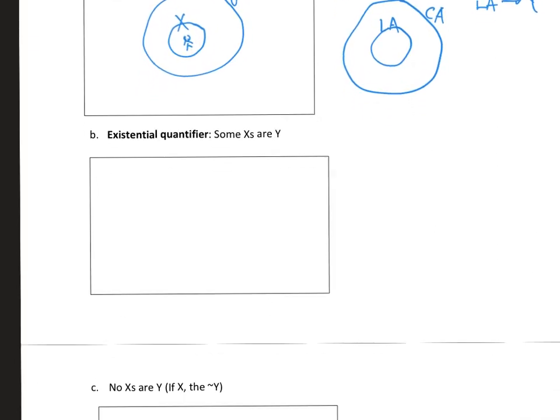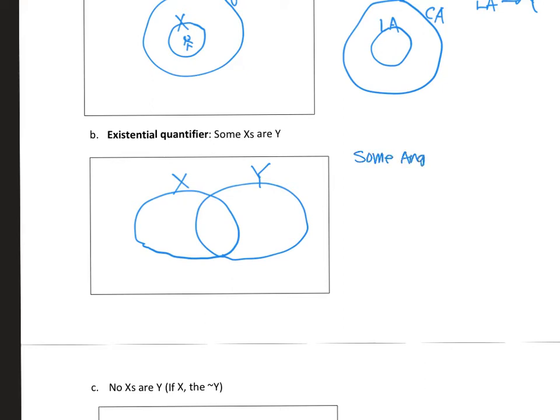The existential quantifier says some x's are y. So one isn't necessarily inside the other one. Maybe they have an overlap. Possibly this is X and this is Y, right? What if somebody says some Angelinos are immigrants?